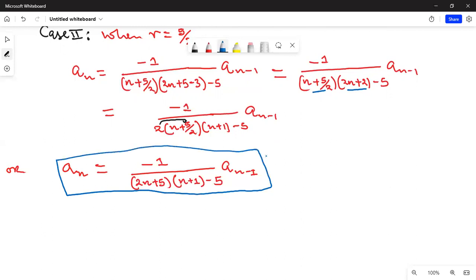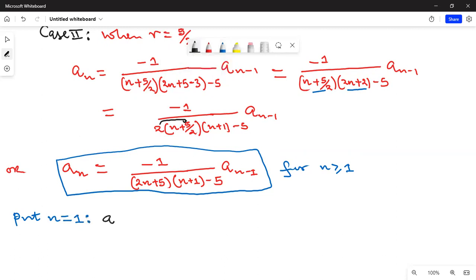Here it is valid for n greater or equal to 1. n is a natural number. In this case, it is greater or equal to 1. So let's now see, when I put n equals 1, what are we going to get?